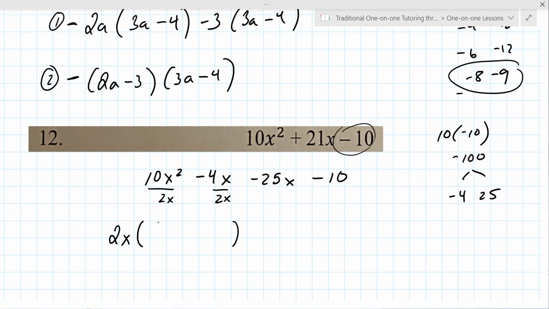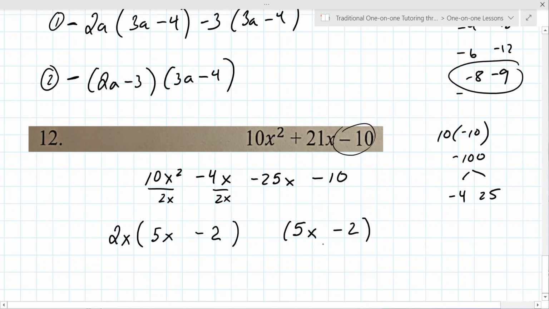Should be 5x minus 2, just 2 because the x's cancel. Then you immediately write that over here. It's probably better to look at the number.